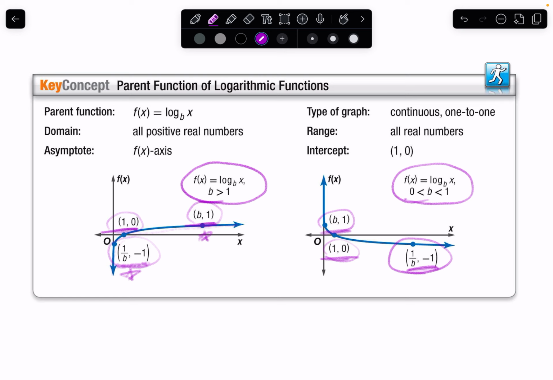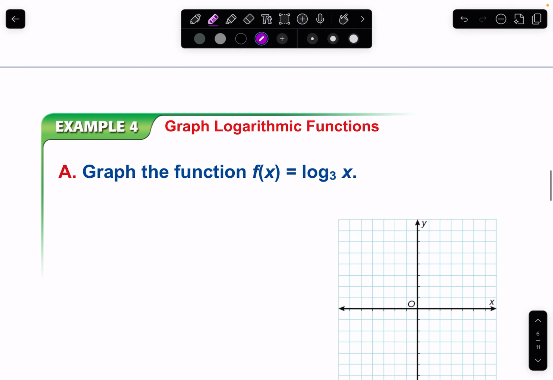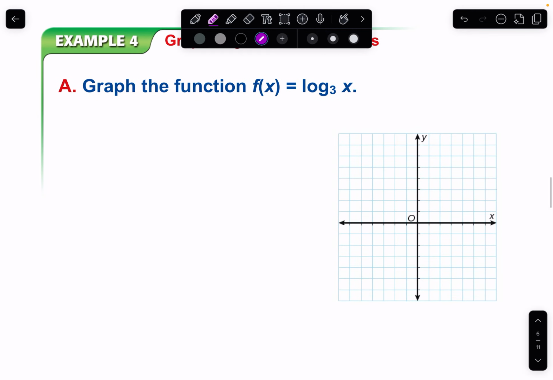If it's less than 1 but greater than 0, it's going to be a graph that is decreasing, or reflected down. So what that looks like in these questions is, there is an example for part A and part B. There's one of each kind, so we're going to look at each kind.